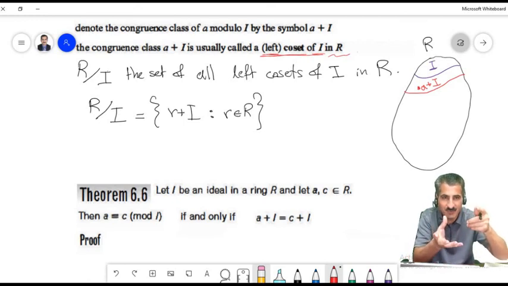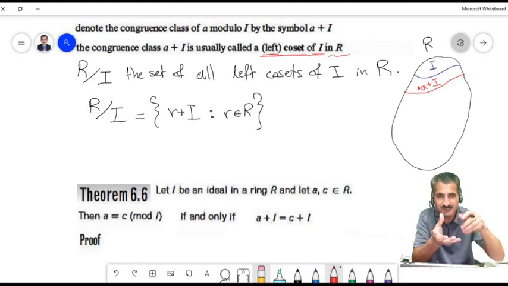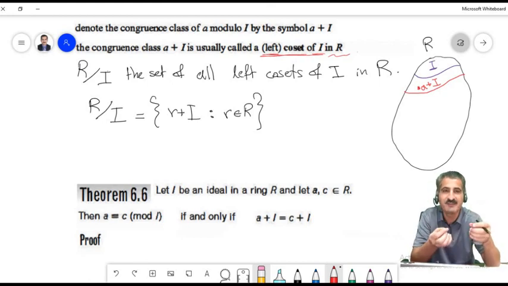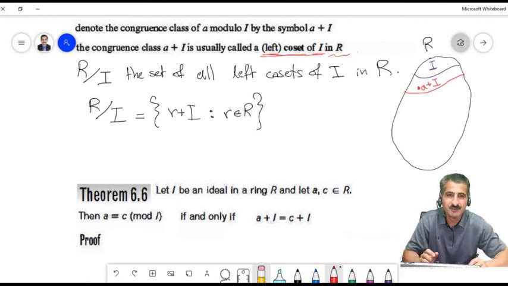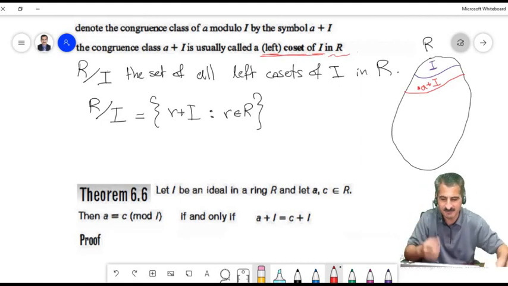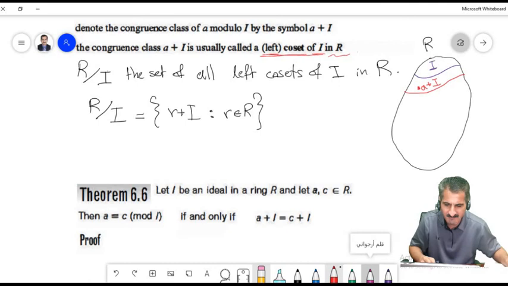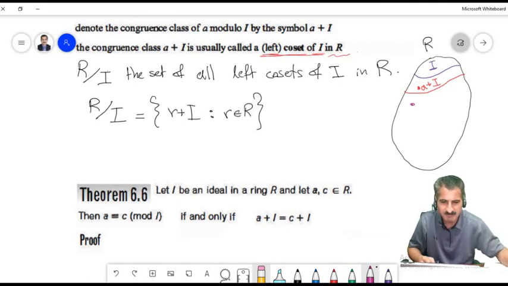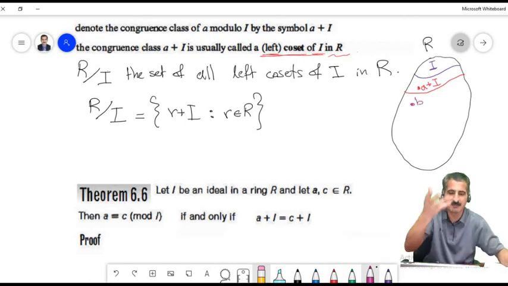And you know, with groups and cosets of groups, I and A plus I have the same number of elements. Now, do we have elements in the ring R left that are not in I and not in A plus I? Yes, maybe we have some element B which is not in the above two sets.